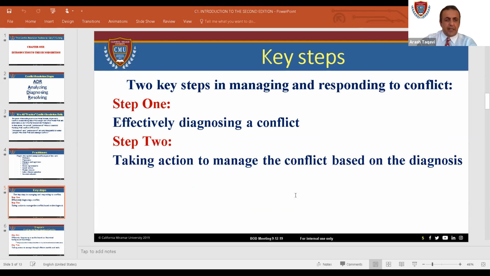There are two key steps in all versions, in all types of conflict management, that you should take. One, effectively diagnosing a conflict. What is the matter of the conflict? What is the essence of the conflict? It is something like diagnosing an illness.